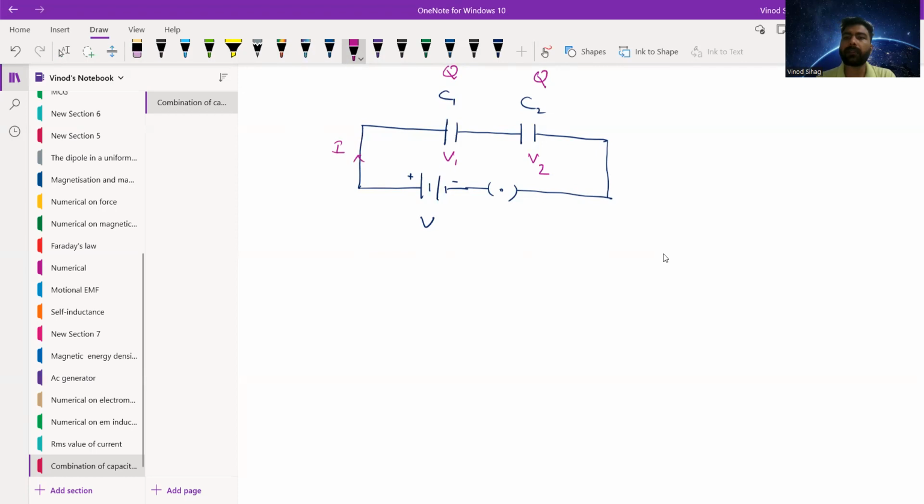Okay, and the total voltage is V. Therefore, here V equals V1 plus V2. This is the total voltage, and the total voltage is going to distribute along the capacitance C1 and C2, as voltage V1 and V2.